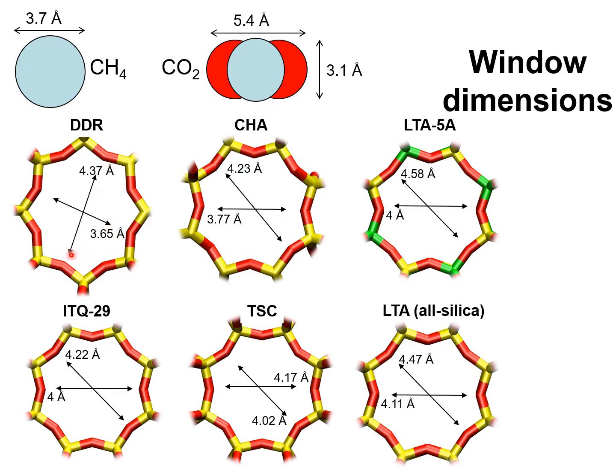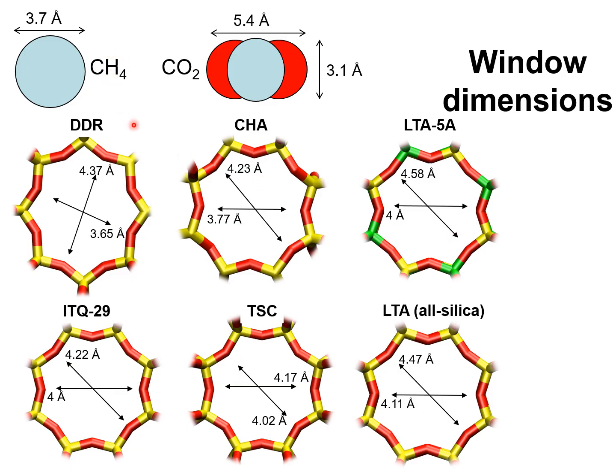The largest aperture distance is 4.37 angstrom. For Chabazite, the dimensions are slightly larger, only so slightly, 3.77 angstrom, the shortest aperture, and 4.23 angstrom being the largest aperture size, and so on. For example, LTA 5A zeolite has 4 angstrom in this direction and 4.58 angstrom in this direction.